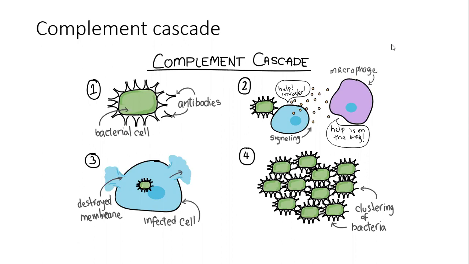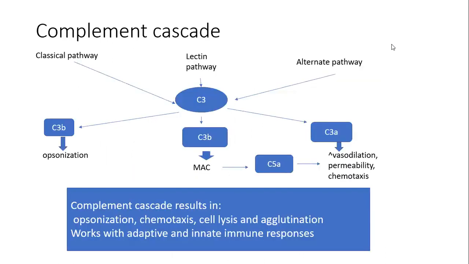Macrophages is what's in this picture. Then the complement cascade destroys the cell contents, and the stuff that's left floating around causes a clustering of bacteria. So that's sort of a big picture look.